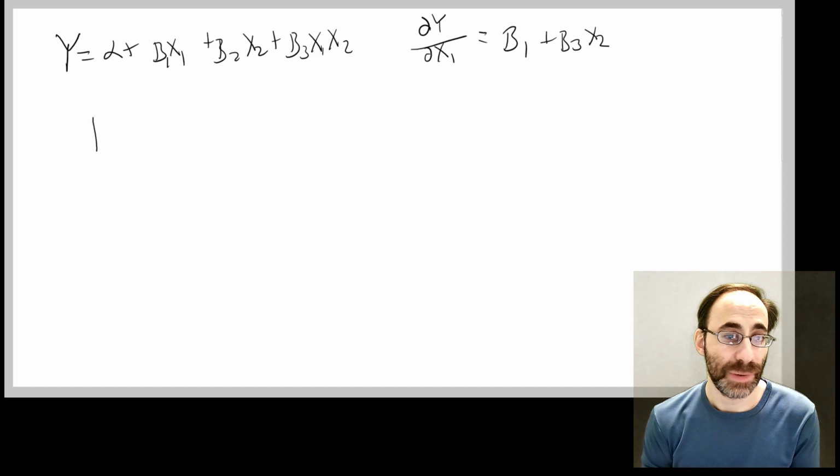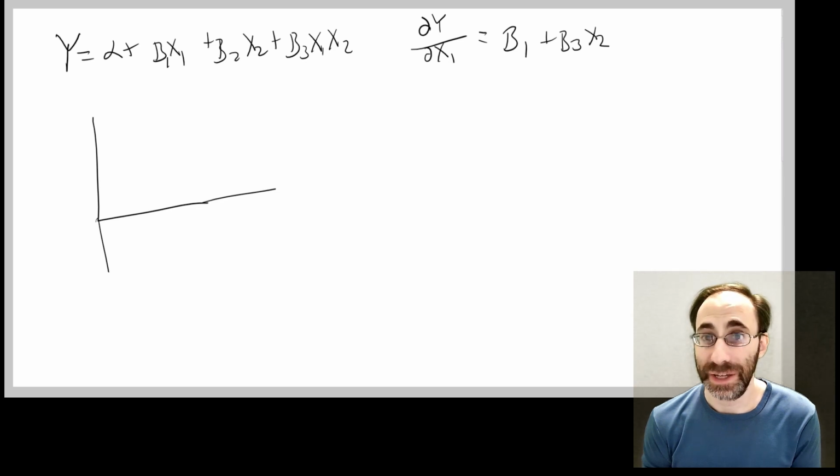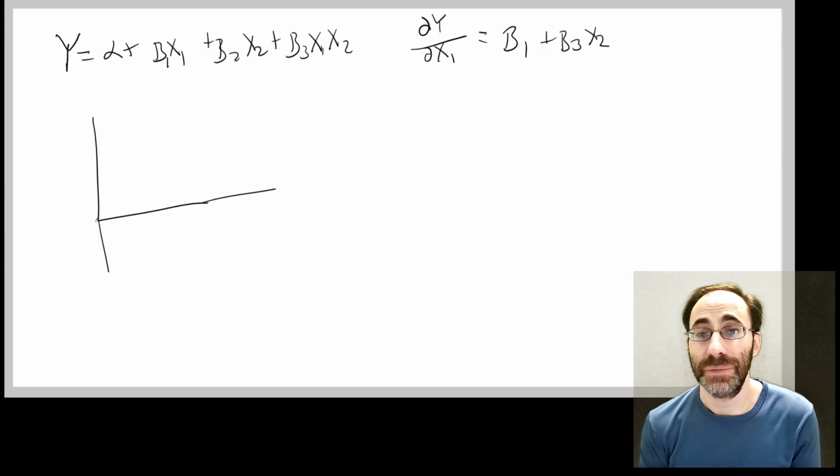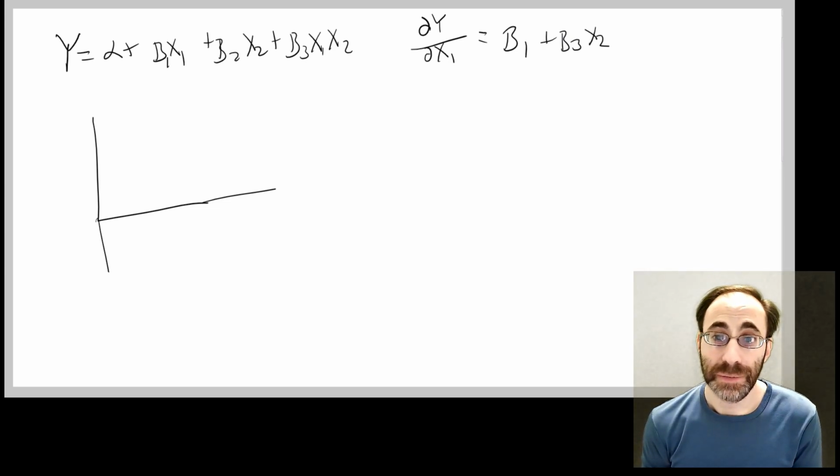So for instance, if I were to make a plot here, and here's the 0, and let's say I assume beta 1 is negative and beta 3 is positive. What that means is, if I plug in 0 for x2, then beta 1 gives me the y-intercept. So here's beta 1, it's negative. Here's the 0 line.